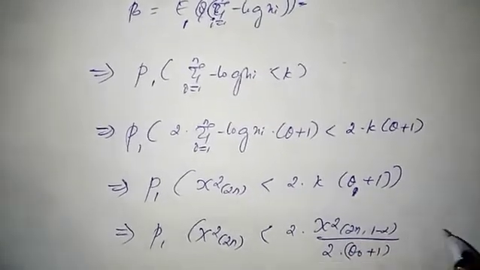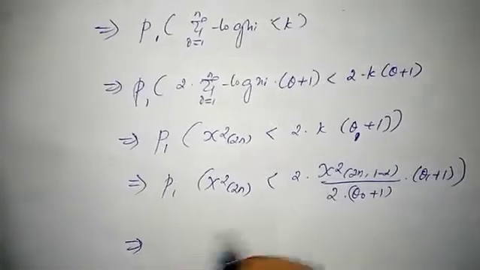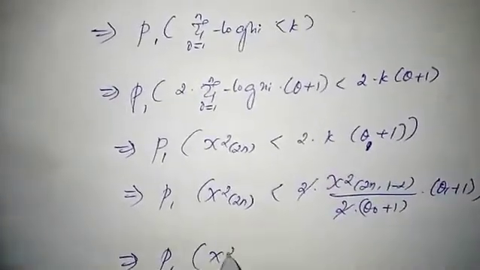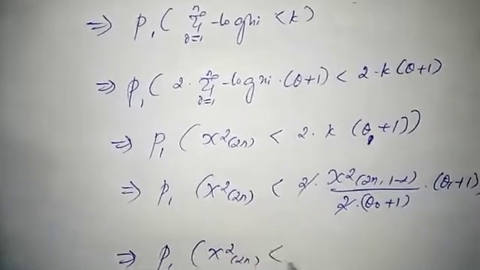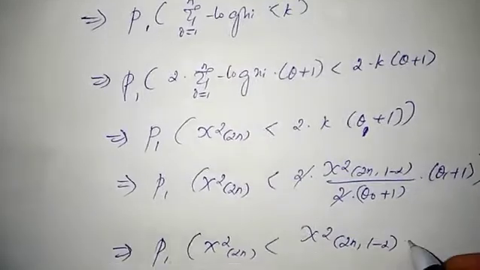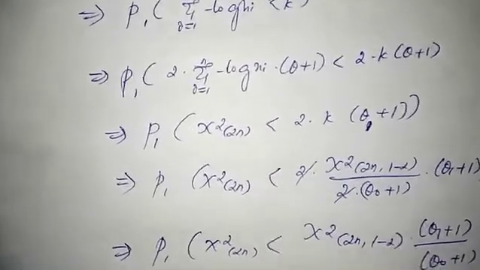This is the value of k. Here theta 1 plus 1 cancels, then the probability of chi square 2n is less than chi square 2n 1 minus alpha into theta naught plus 1 divided by theta 1 plus 1.